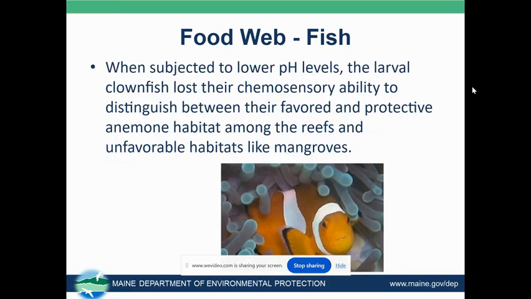All right. So also with these same clownfish, these Nemo type fish, right? They can't distinguish between the different anemone habitats. But what they get it confused with is unfavorable habitats like mangroves. So mangroves are a type of tree, you know, and those are not a good habitat for the clownfish.